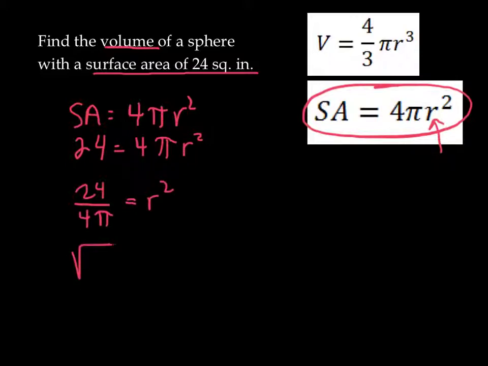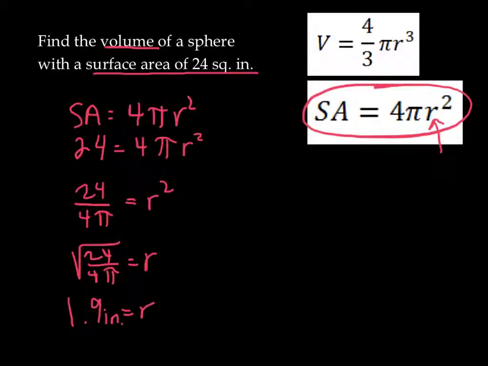And square rooting, we end up with 24 over 4 pi, all of that square rooted, is equal to r. And we can type that into our calculator. That takes a little bit of work, but not too bad. Okay, typing it in, I get that the radius is approximately 1.9 inches.